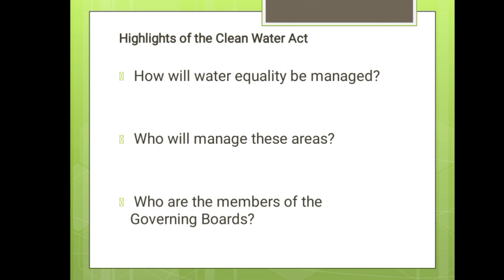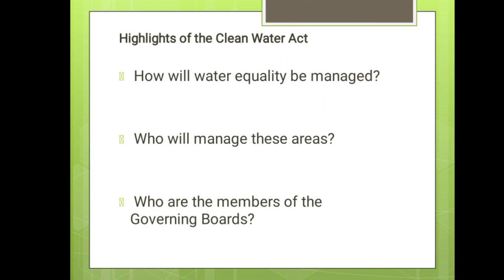Management will be localized. Ang mga multi-sectoral governing boards will be established to manage water quality issues within their jurisdiction. Sila yung mga private sectors individual from different locality.